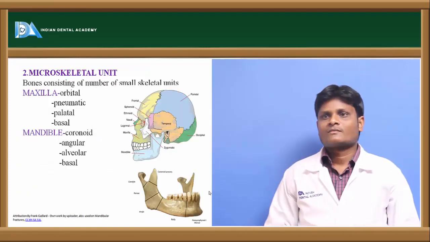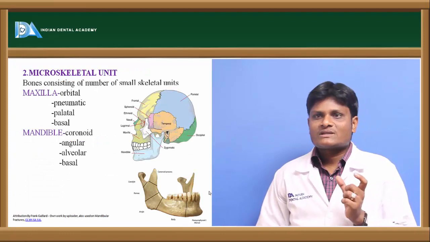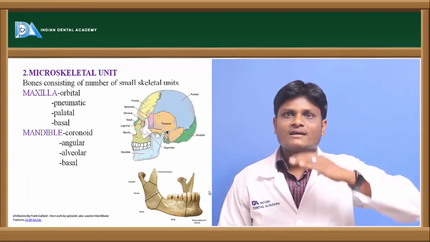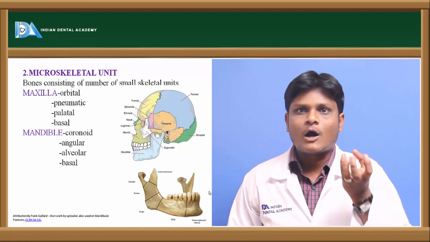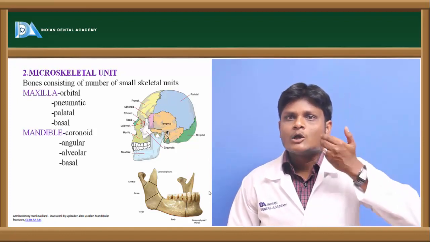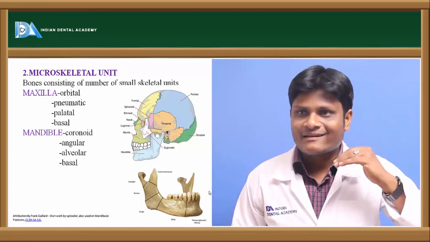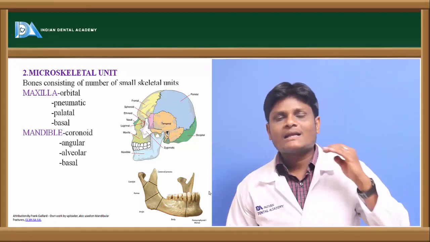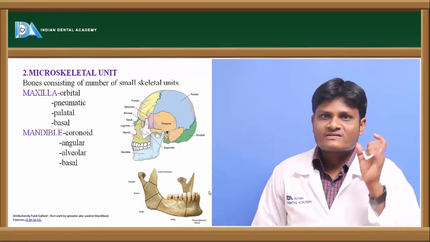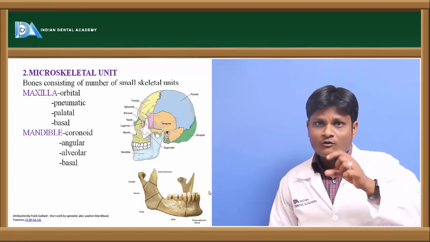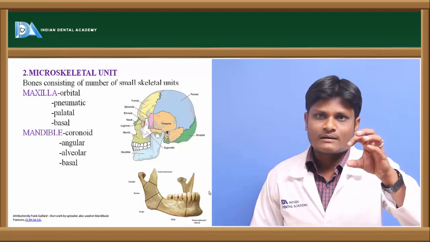Now, what is a microskeletal unit? For example, if you consider the maxilla, it has an orbital surface that houses the eyeball, and a pneumatic space, that is the sinus, that carries out a function, and the alveolar portion and the basal bone. So these are different microskeletal units of a big bone, that is the maxilla.